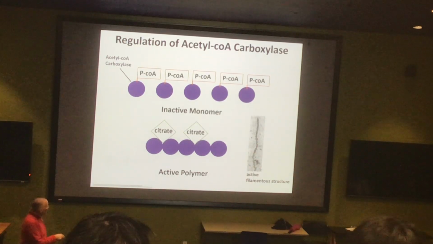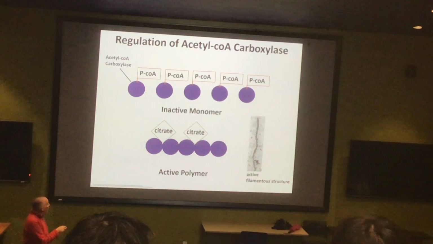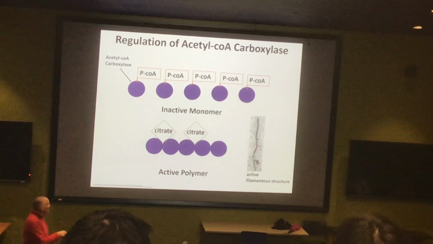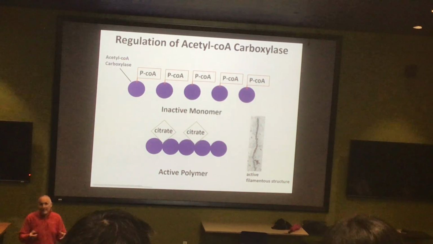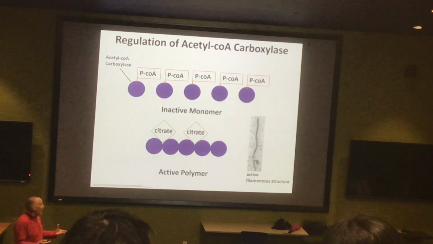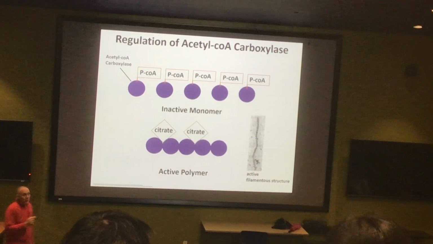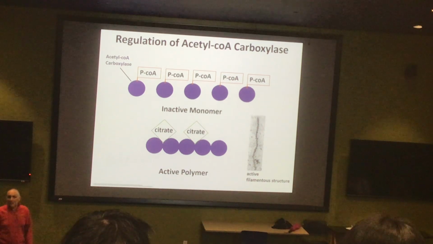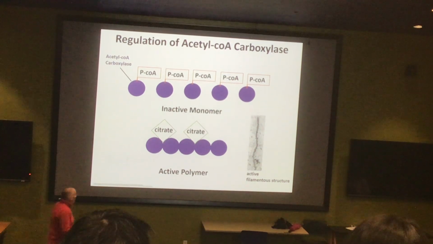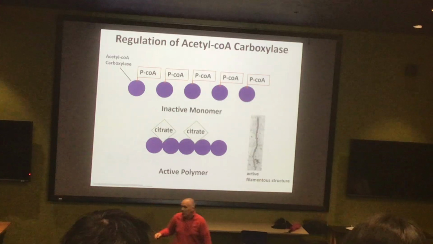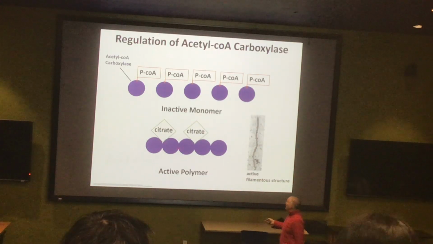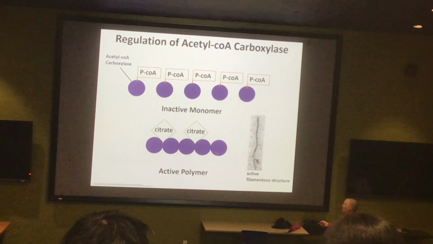This is an actual electron microscopic image of the carboxylase, and it forms these long polymers that can be seen with the electron microscope. So there are a lot of these here. And when these are broken up into monomers, the enzyme becomes inactive. It actually doesn't function. So who stabilizes the polymer? It turns out that citrate binds in such a way as to stabilize the polymer.